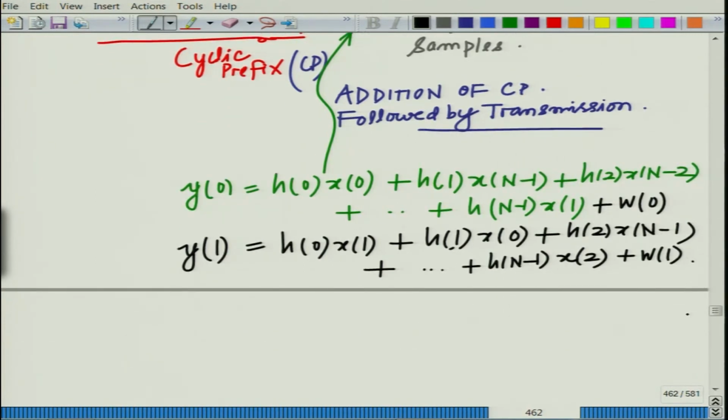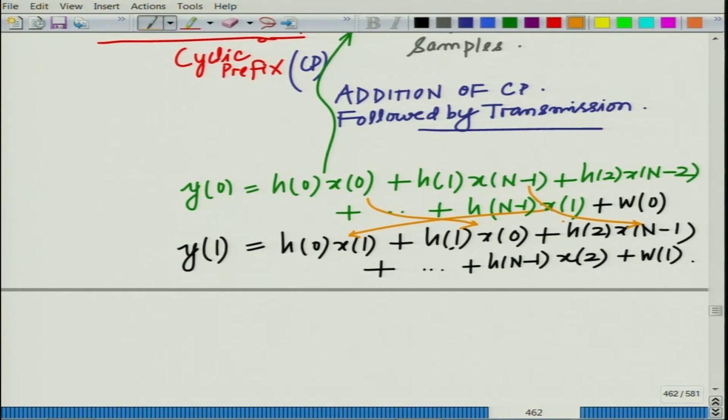Now, if you look at it, all that has happened is x0 has moved to the right, xn minus 1 has moved to the right, everything has moved to the right, and x1 has come to the leftmost position. So, everything has moved progressively one step to the right.